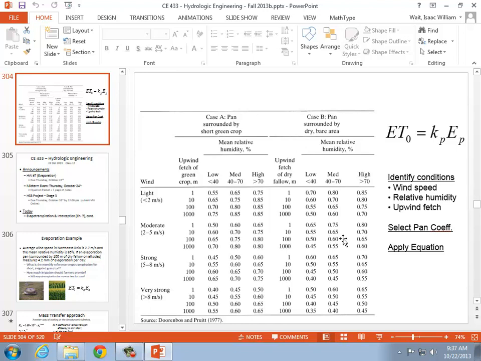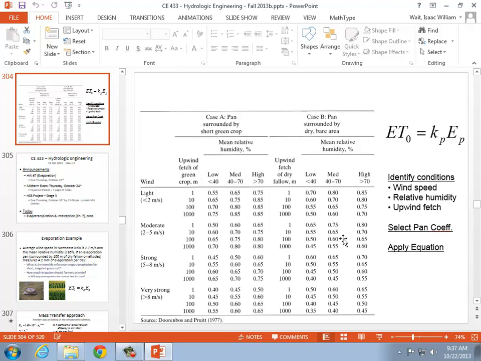So the K sub P, the pan coefficient, is 0.60. And what that was based on is the upwind fetch of 100 meters. It was dry fallow.